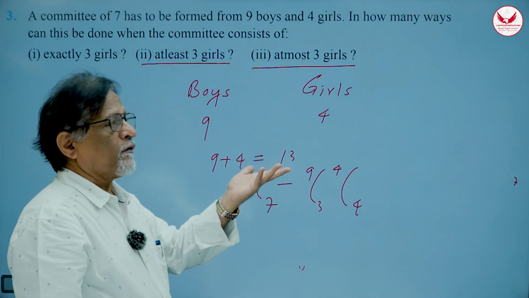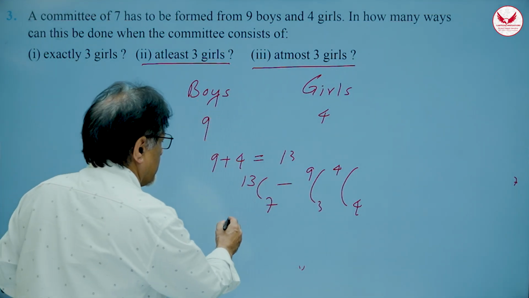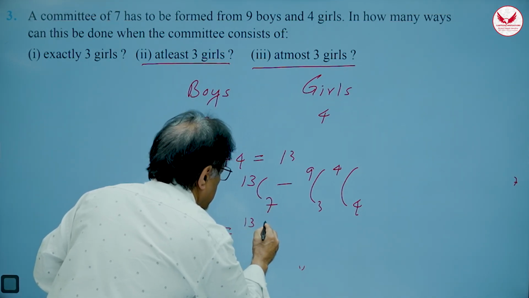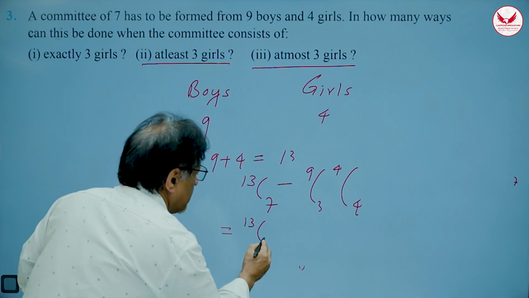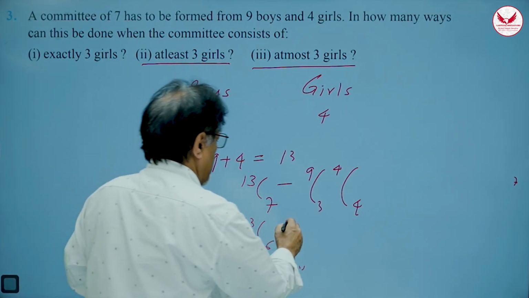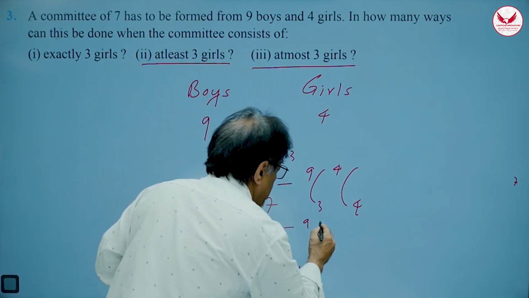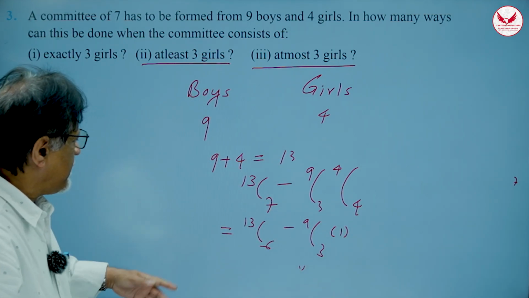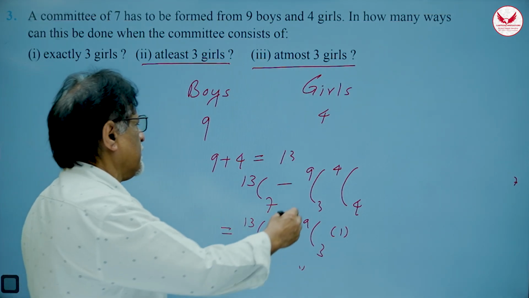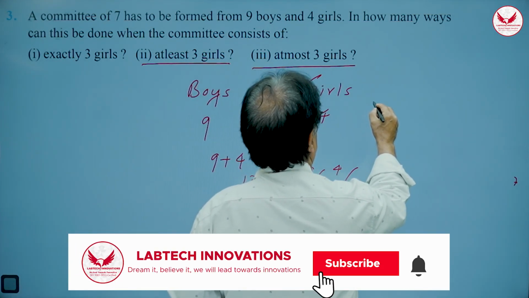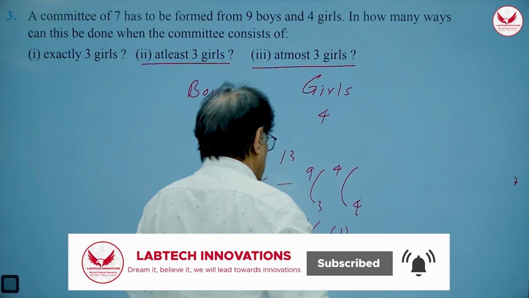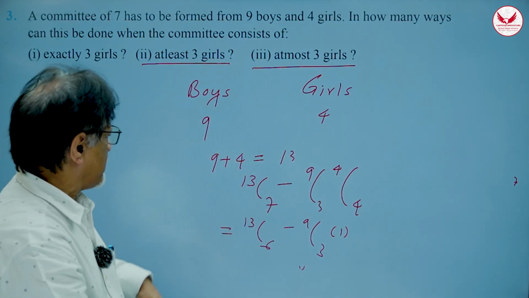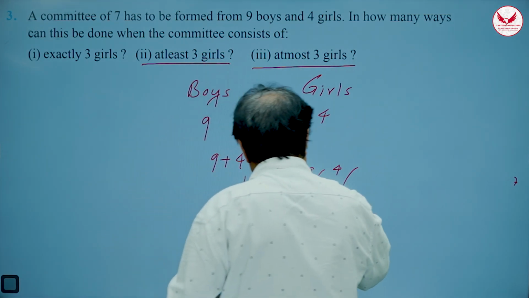So this calculation is much easier than the previous one. So 13C7 can be written as 13 minus 7, that is 13C6. And here 9C3 will remain as it is, but 4C4 you all know is 1, right? This is quite easy to calculate. You can calculate the numerical answer, or you can keep it like this, depending upon what kind of answers are given to you in the alternatives. Okay, fine.